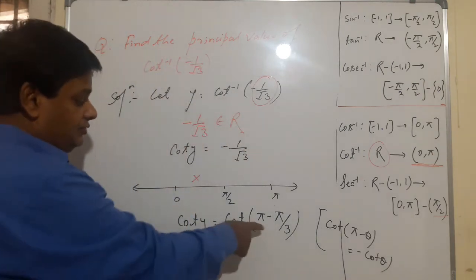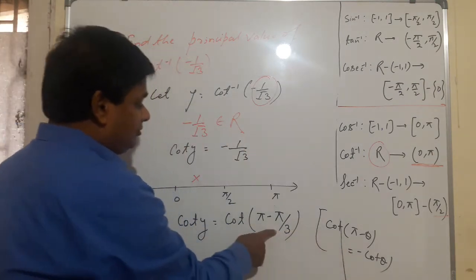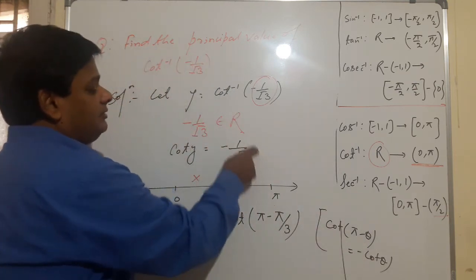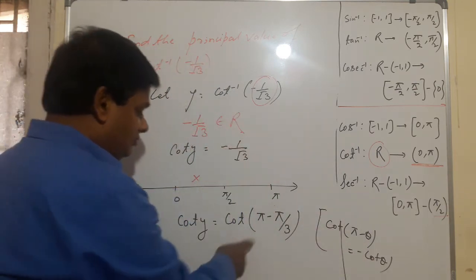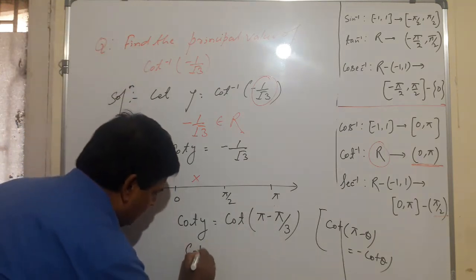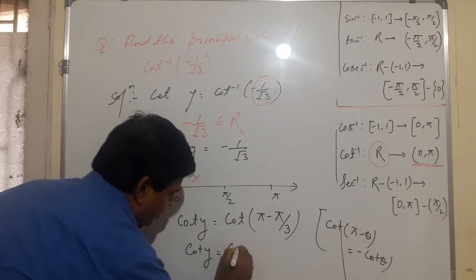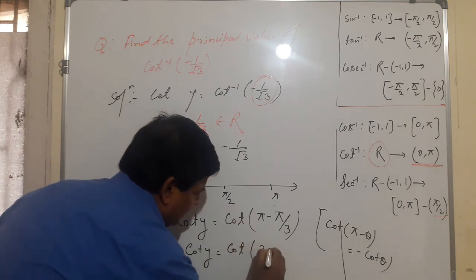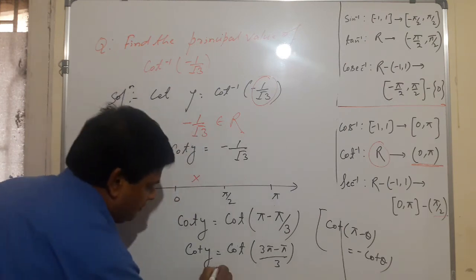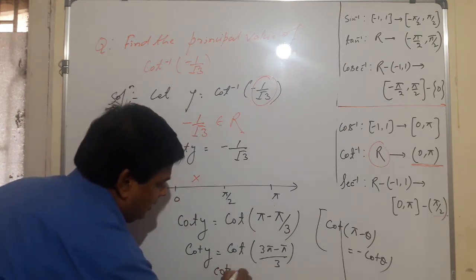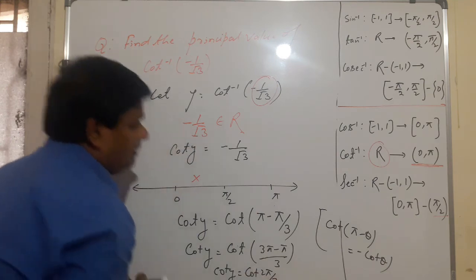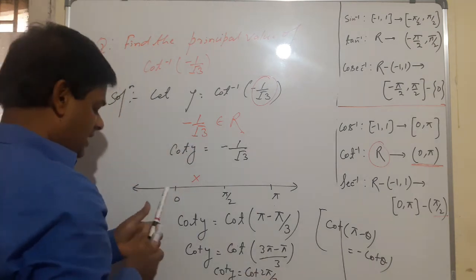So we use this formula: minus cot pi by 3, so you will get minus 1 by root 3. Now pi minus pi by 3, so cot y is equal to cot of 3 pi minus pi by 3 over 3, so cot y equals cot 2 pi by 3.